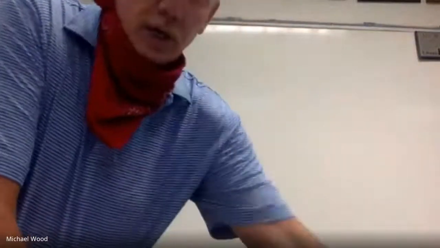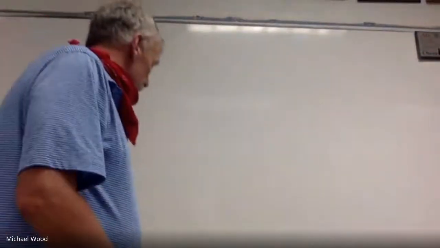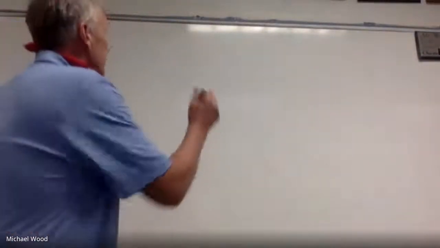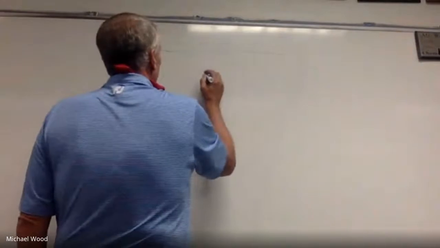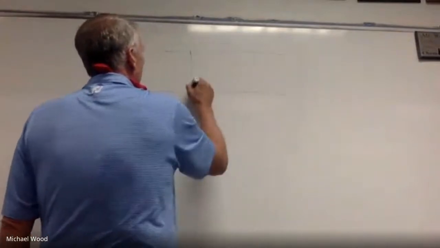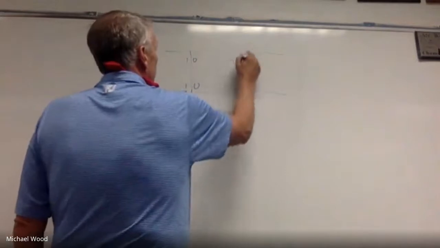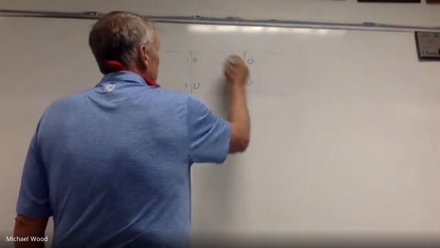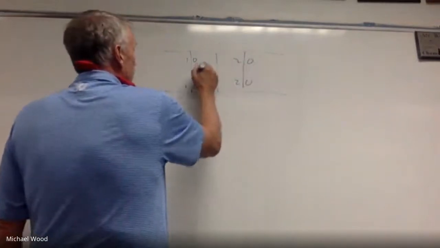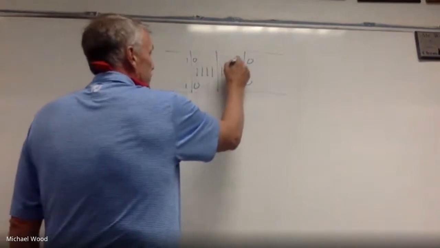First of all, back to measurement. In measurement, I always use, because I'm a sports guy like you guys already know, football. A football field is like this, and they have hash marks. They have the 10-yard line, then the 20-yard line, and then they have the hash marks like this.